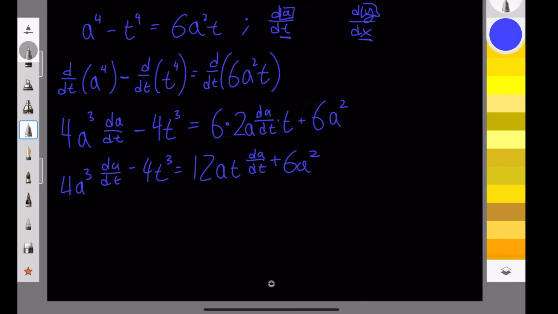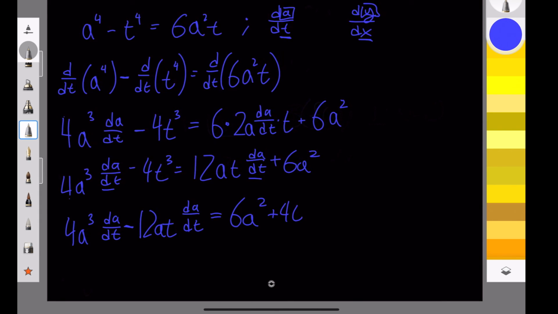All right, and now what do we do, right? Same thing as before. We want to isolate our dA dt. And so I do that by bringing it all to the same side. 4a cubed dA dt minus 12at dA dt is equal to 6a squared plus 4t cubed.